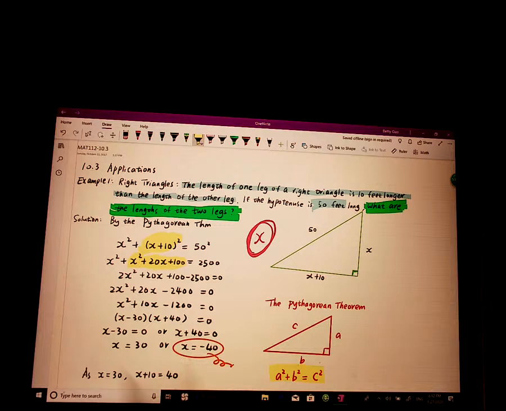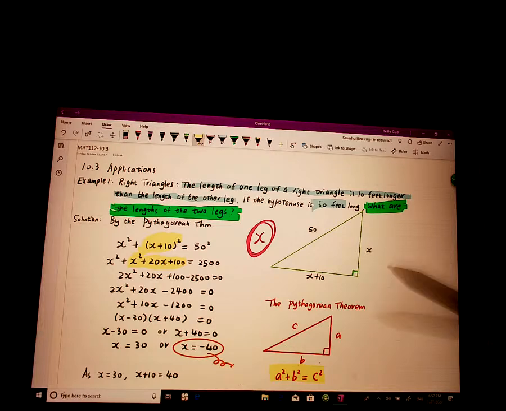Then we keep x equals 30. So if the shorter leg is 30, then the longer leg is 40, 10 feet longer. So the two legs are 30 and 40. I think the modeling part is clear here.